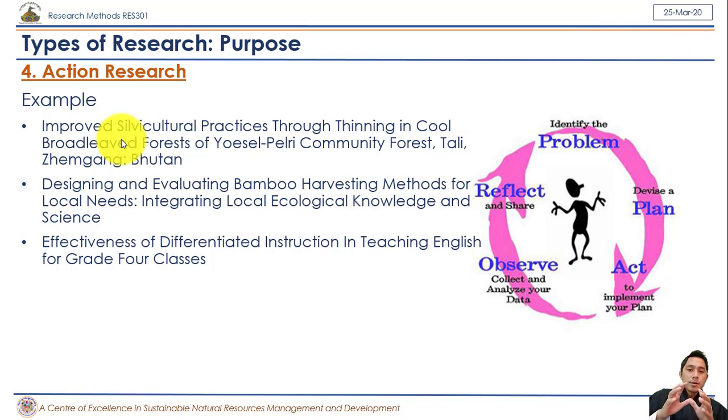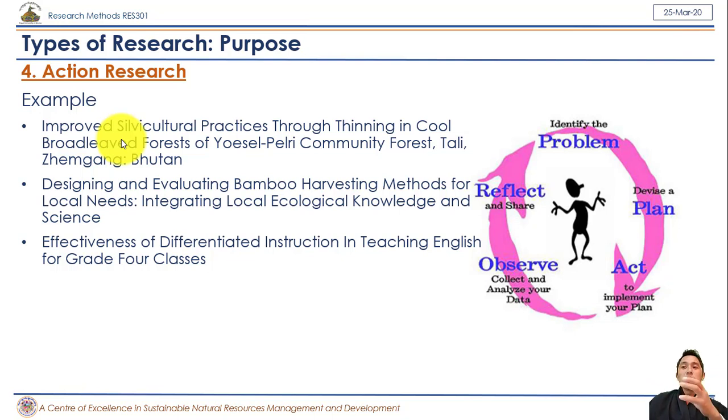So the community forest was having a silvicultural problem, and that's a problem. And the solution was, there were lots of solutions: cut down the trees, deforestation, habitat defragmentation. That's one, but that's not a very good solution. The second one is to do a very good moderate thinning. And forestry people thought that the second one is the best method.